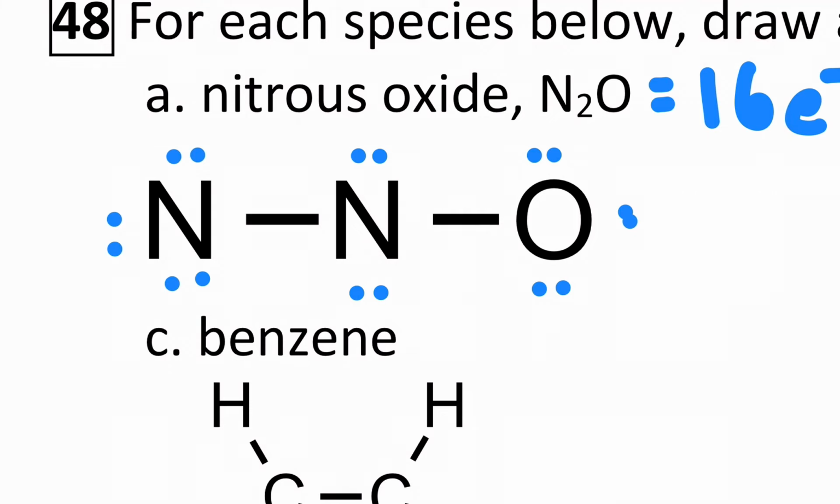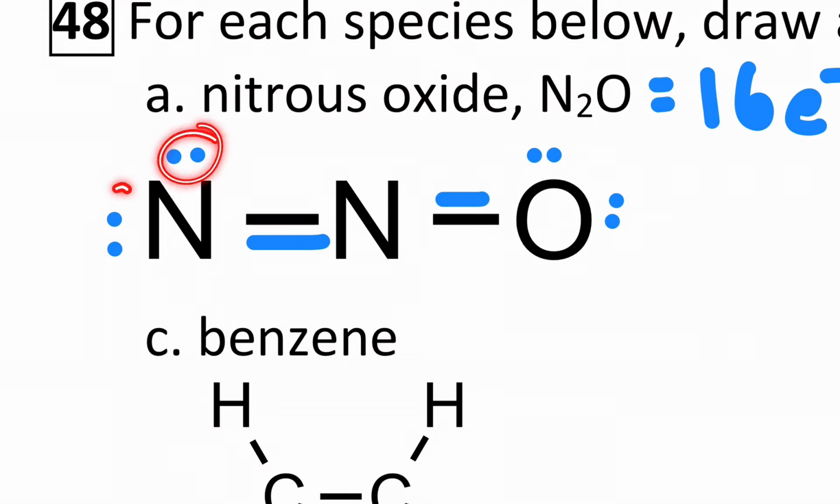So I have to take away a pair and share an extra bond. And then I actually have to take away another pair and share an extra bond. And what that gives me is one valid form of N2O.